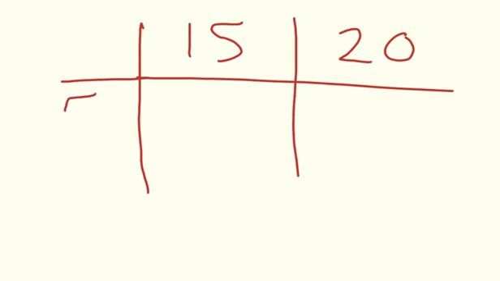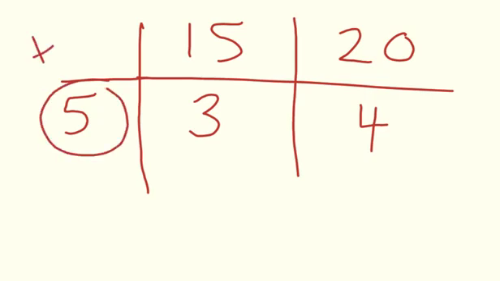It's 5, so you just do 5 here. So you've got 3 and you've got 4. Does any other number, it doesn't have to be a prime number, go into 3 and 4 apart from 1? No, no other number goes in. So 5 is your highest common factor. It's very simple. Highest common factor is very simple.